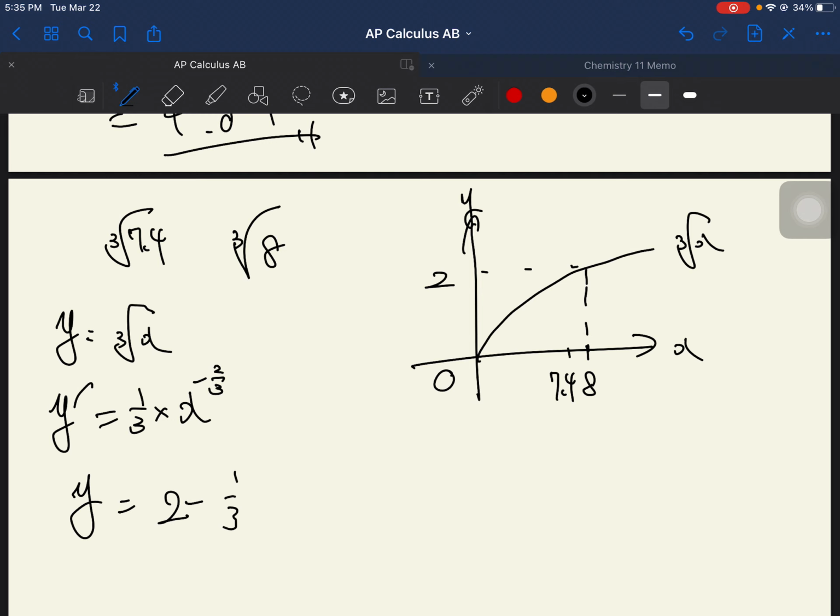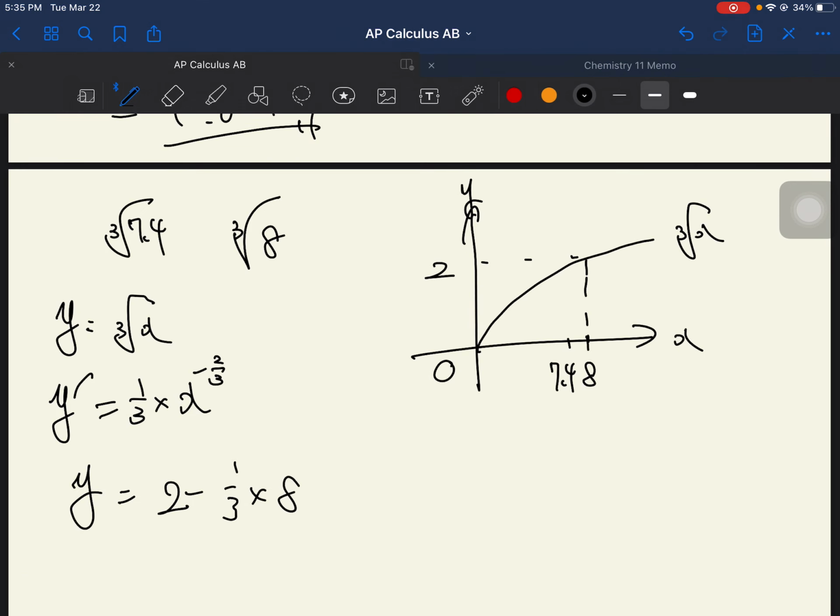So negative 1 over 3 times 8 to the power of negative 2 over 3 times the x change here, which is 0.6.